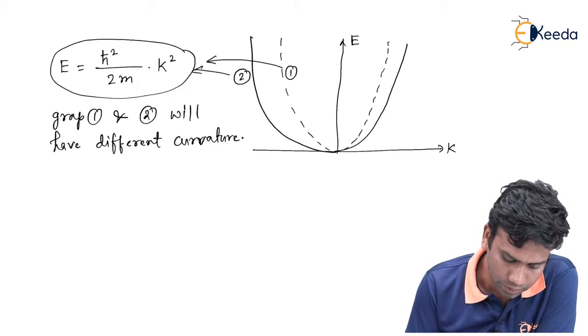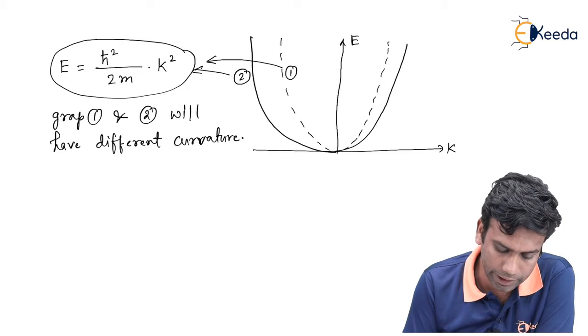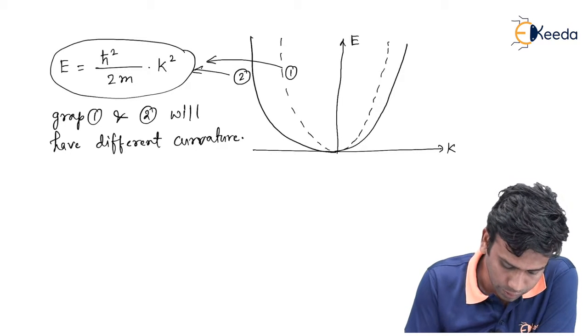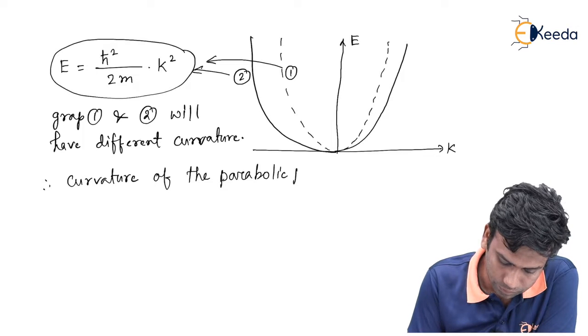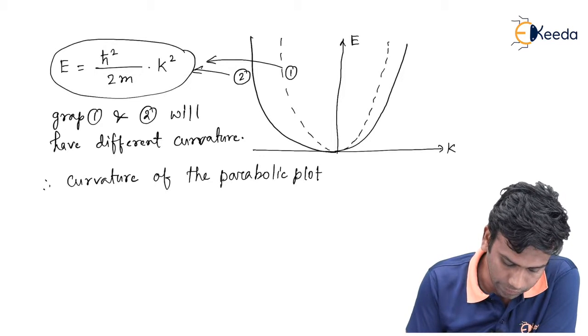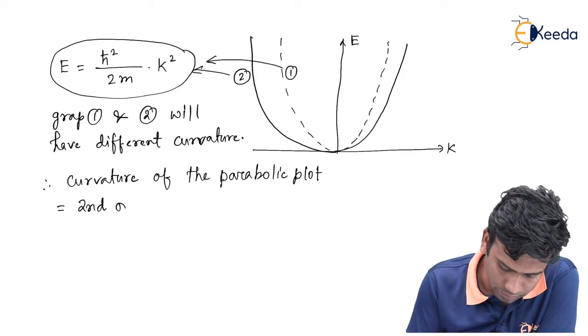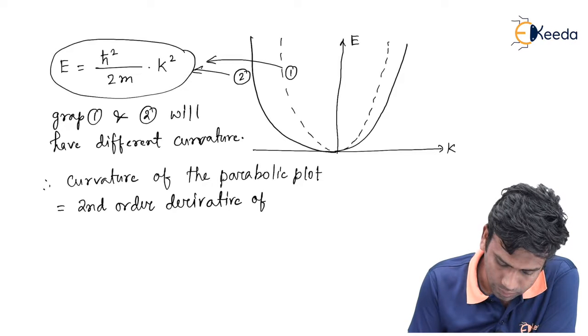For that we have to take the second order derivative of this equation. So the curvature of the parabolic plot can be given by the second order derivative of the equation.